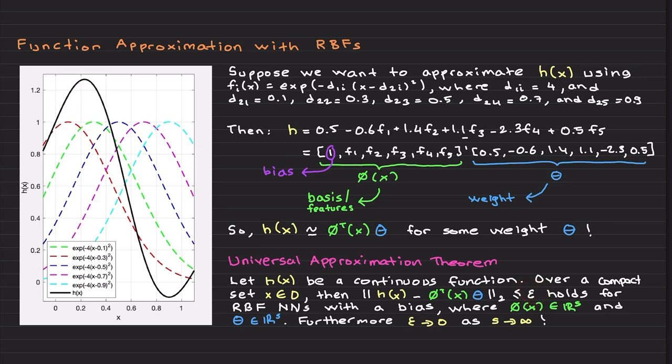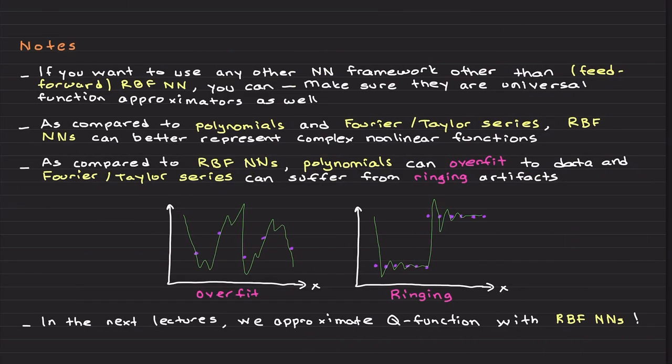As you increase the number of neurons, this approximation error can be made arbitrarily small. The punchline of this universal approximation theorem is that with feed-forward radial basis function neural networks, you can approximate any continuous function.